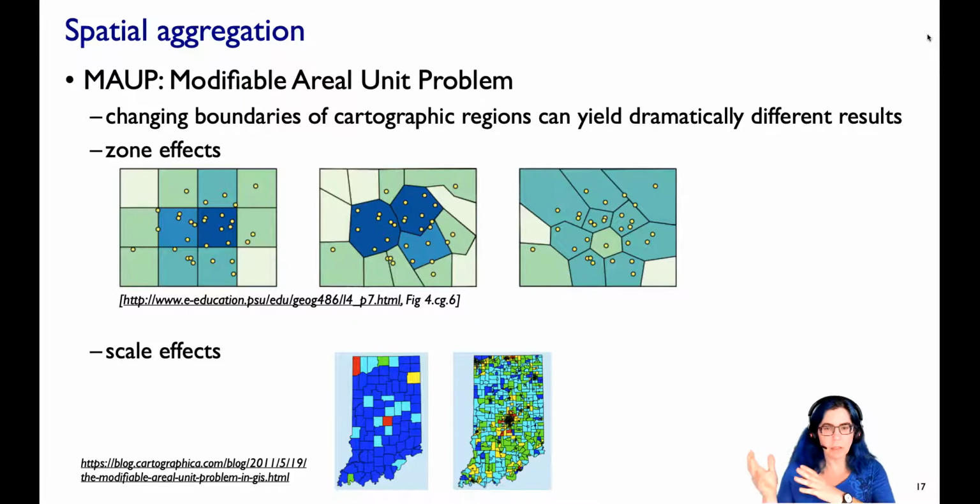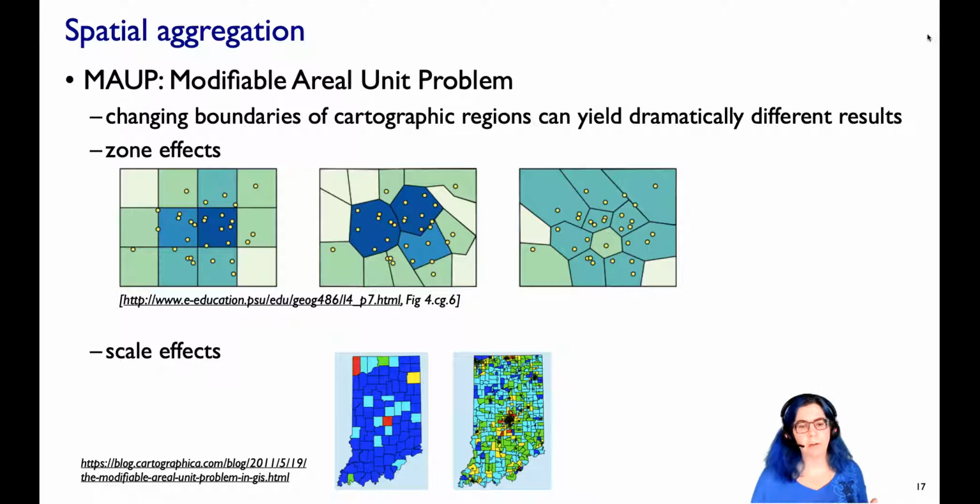And then in this picture all the way on the right, it looks like we don't have any particularly dense regions compared to any others because we've changed the place we've put our geographic boundaries. So wildly different visual patterns. We see a similar sort of thing with the scale effects down here about when we're aggregating, I believe this is Indiana, according to a large grain spatial region or a much finer grain spatial region.